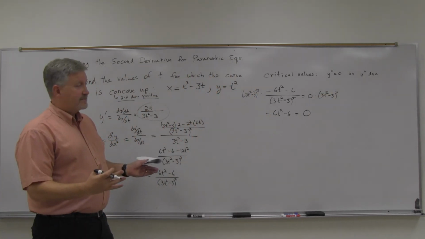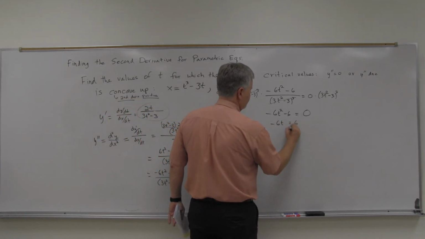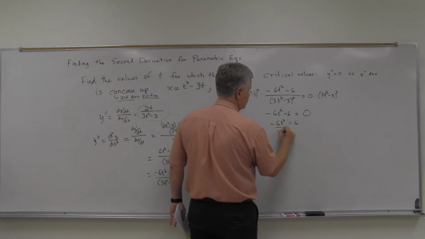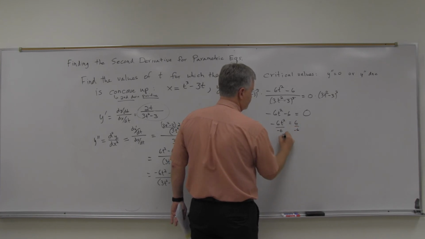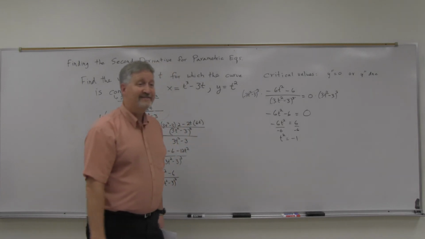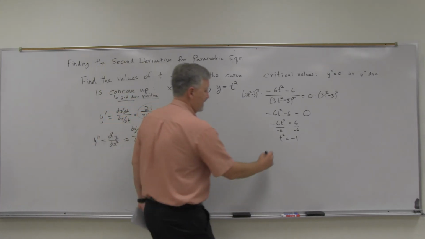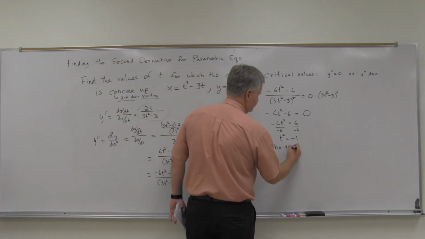If we solve for t squared, you see a bit of a problem. t squared equals -1. Can t squared equal -1 for real values? There's no real solution here.